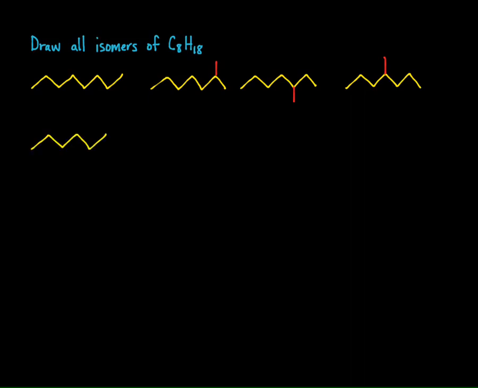I remove 2 carbons from that 8 carbon chain. So now I have hexane, and I'm left with either 2 methyls or an ethyl. So let's see how we can add 2 methyls to this particular structure. Well, the first thing is I can add the 2 methyls both to the second carbon. Now, the next step is that I can keep one methyl on the second carbon and move the second methyl down the chain.